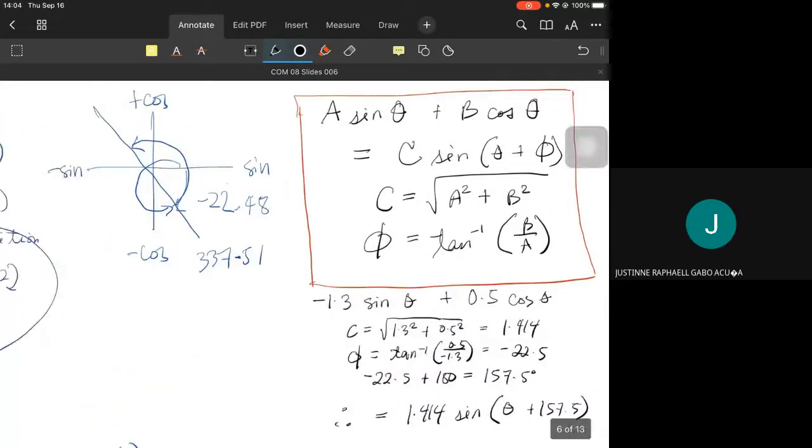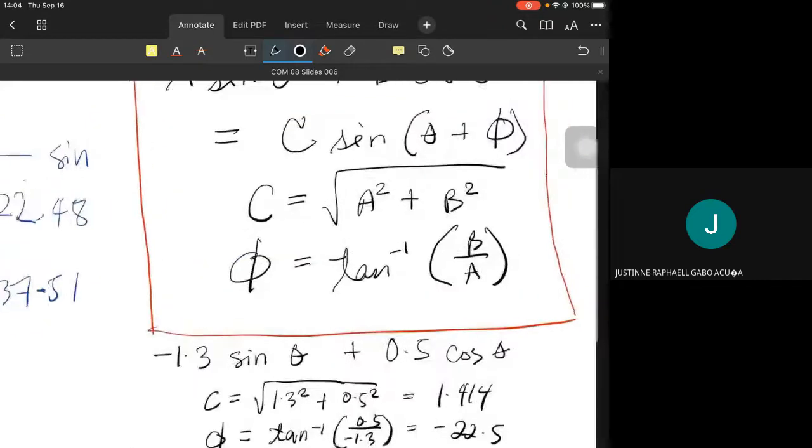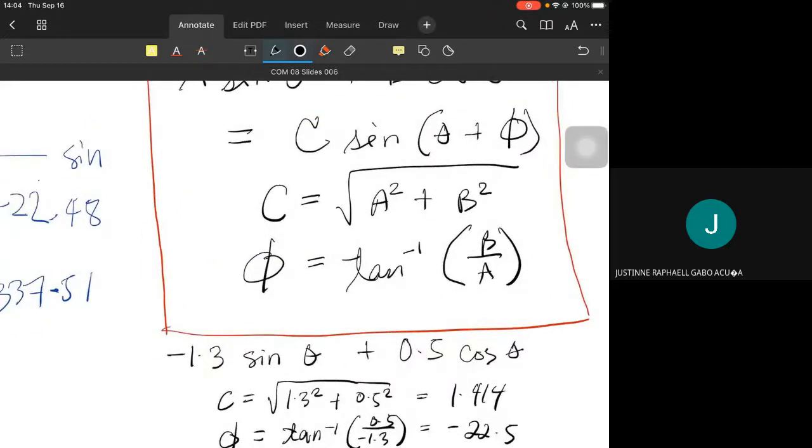Now, the trick here, guys, especially if we forget our trigonometry or math, especially when using the arctan or inverse tangent function, is that it might sometimes give us misleading values if either B or A, or even both B and A, are negative.